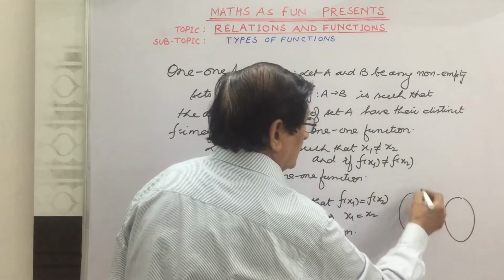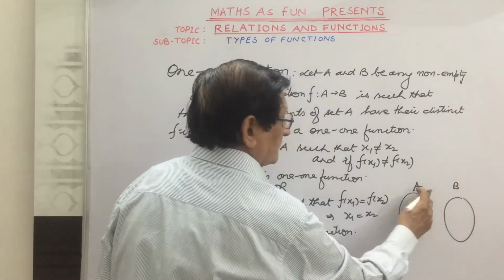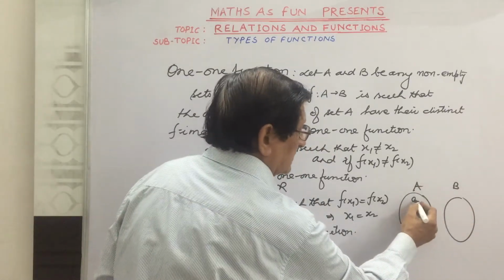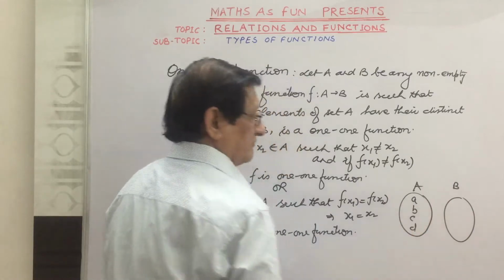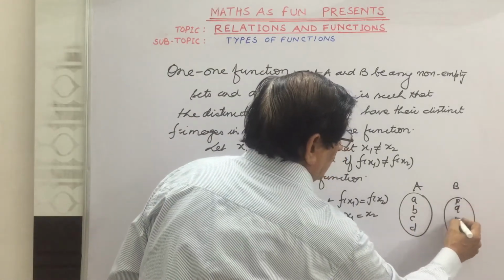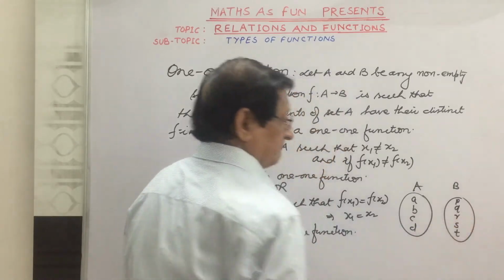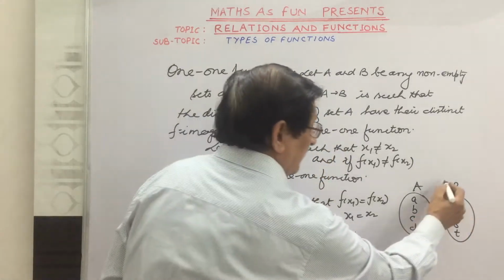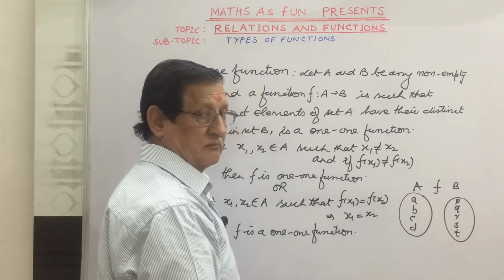Suppose these are the two sets A and B. The elements in this are A, B, C, D. And in this we have P, Q, R, S, T. f is the function between them.